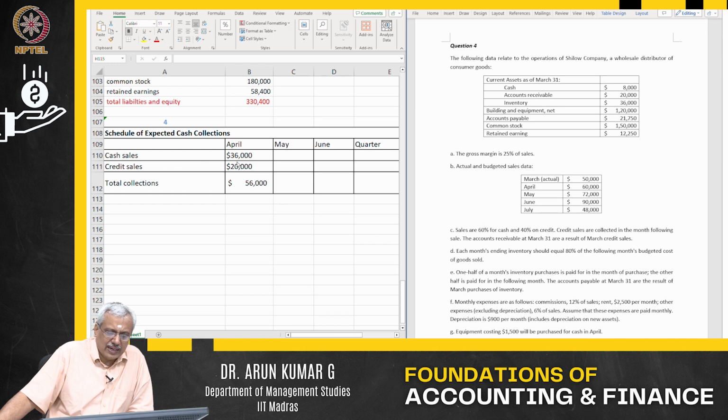Now, if you look at cash sale, in the month of April, 60,000 is the sale, and 60% is for cash, so that is 36,000. And the accounts receivable of March, just 20,000, as you can see in the problem, is also collected in the month of April. So, your total collection in the month of April is 56,000.